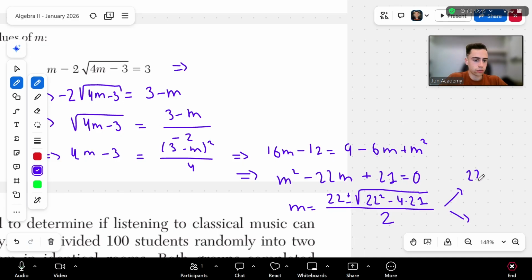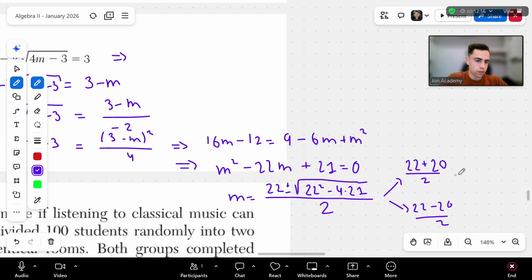So we're gonna get 22 plus 20 divided by 2, 22 minus 20 divided by 2. And what happens here? This is 42 divided by 2 is 21. Divided by 2, it becomes 1 also. So those are the two solutions for m.